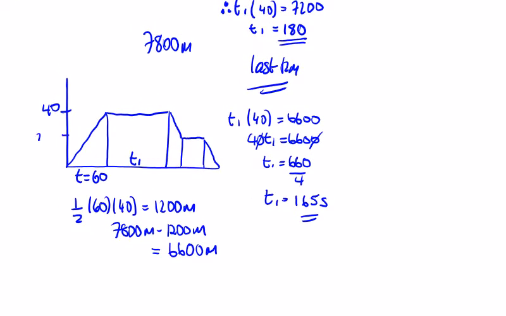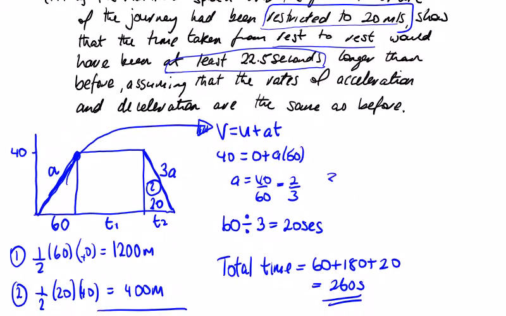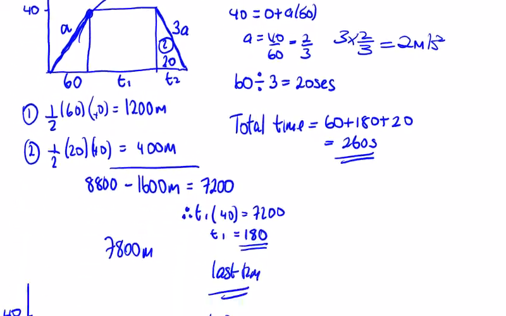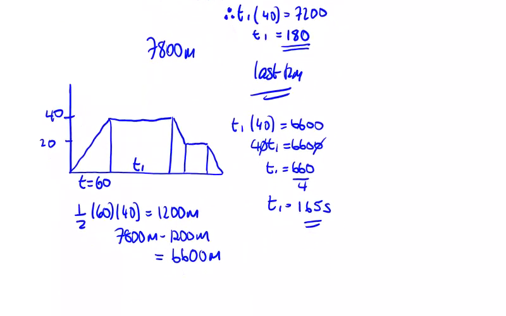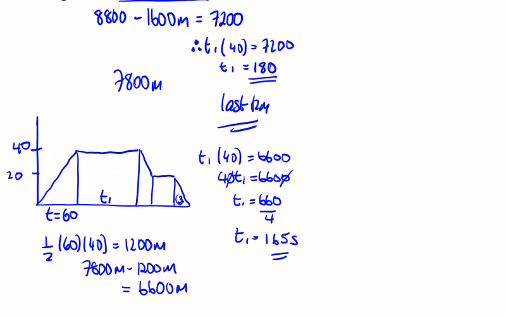So at this point we have a 20, and my A in part 1 was 2/3, wasn't it? 3 by 2/3 is going to give me 2 meters per second squared for the deceleration. So I'm slowing down from 20. I can put it into the formula here. I'll call this section 3. What's happening in number 3? V is equal to U plus AT.